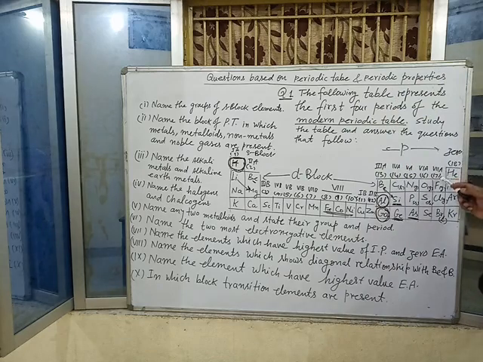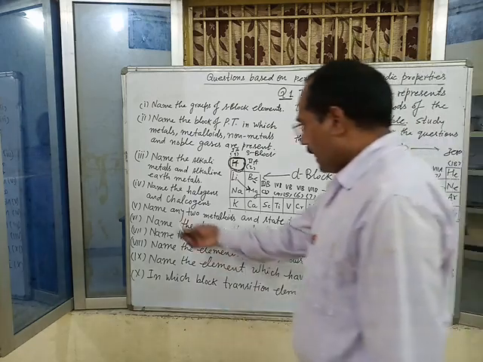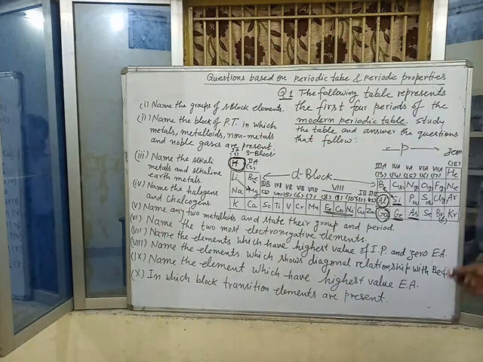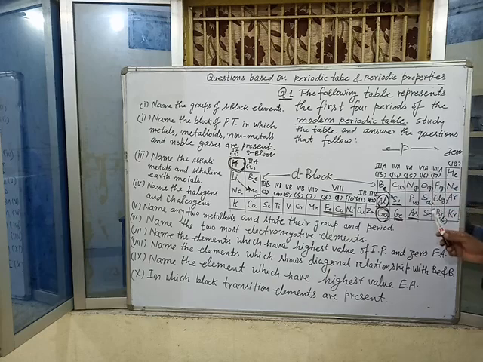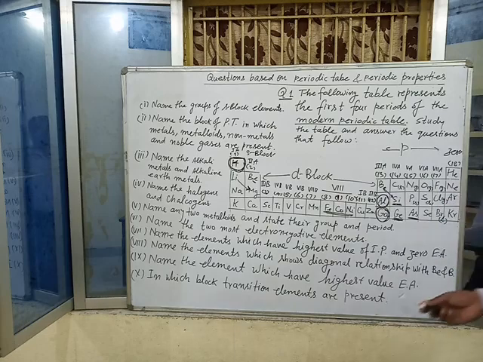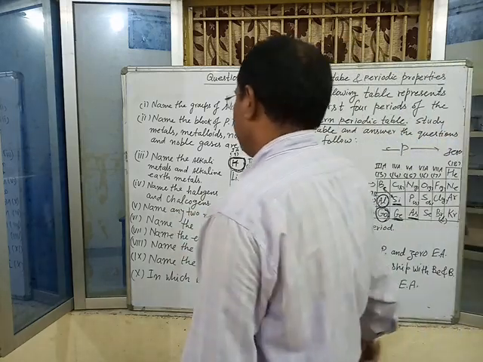Halogens are elements of group 17 or 7th. Fluorine, chlorine and bromine are halogens. And chalcogens, elements of group 6th or group 16, that is oxygen, sulfur, selenium, are known as chalcogens.